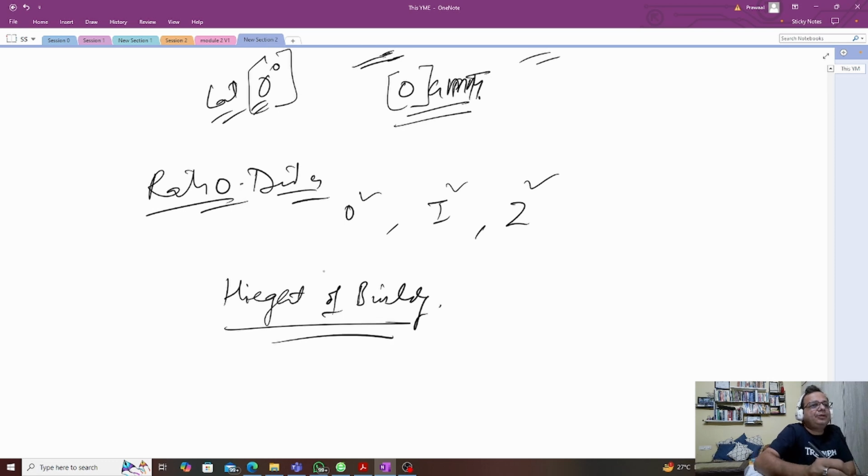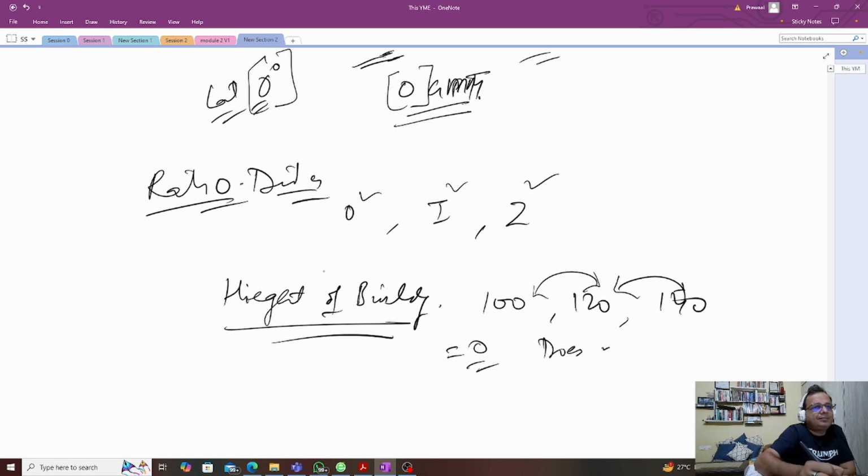So this is 100 meters, this is 120 meters, this is 140 meters. The interval needs to be consistent. If I say the height of the building is 0, that means it does not exist. So 0 has a value.